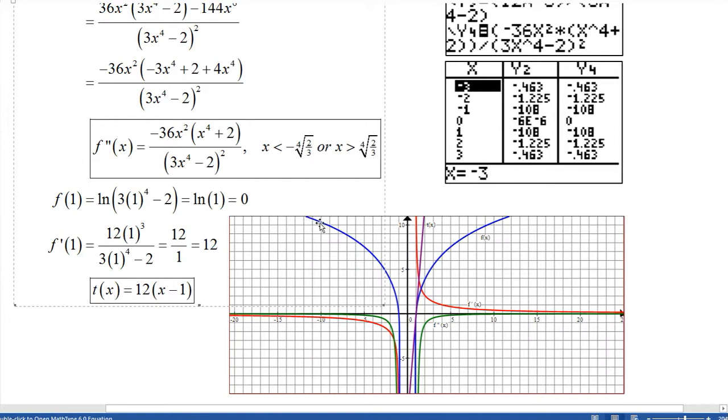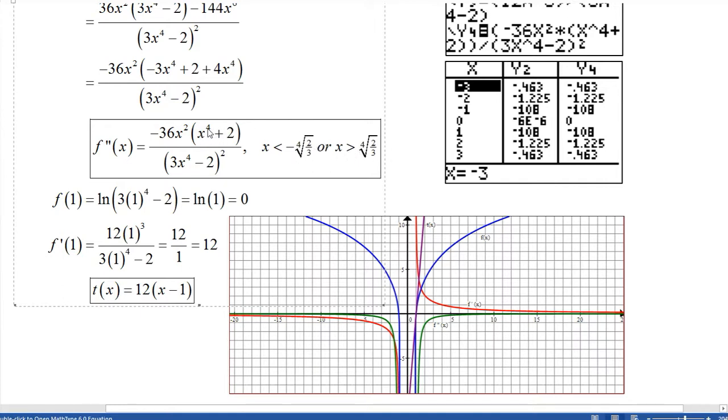And sure enough, you can see this first piece is concave down, the second piece is concave down. In fact, the second derivative is always negative. Why is that true? Well, for any of these x's you put in, since we got the square, the denominator is positive, and we've eliminated where it's 0.